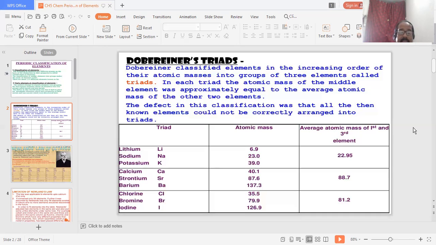The second set is calcium, strontium and barium. The mass value of calcium is 40.1 and of barium is 137.3.